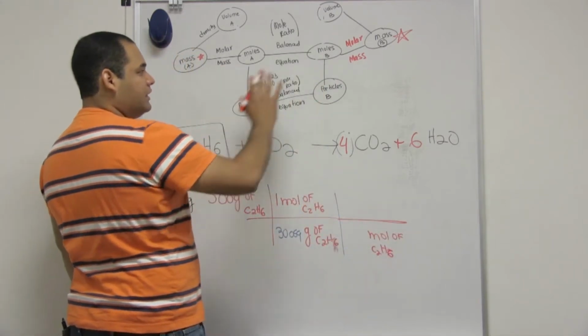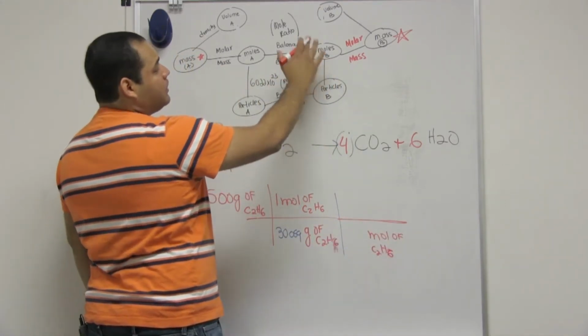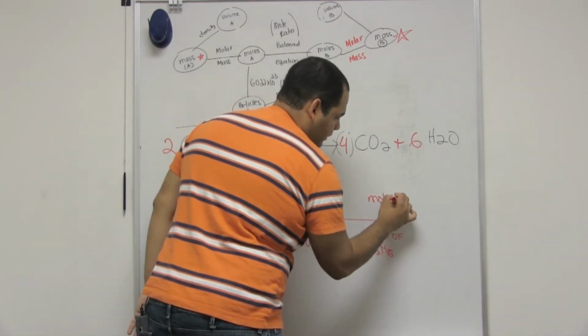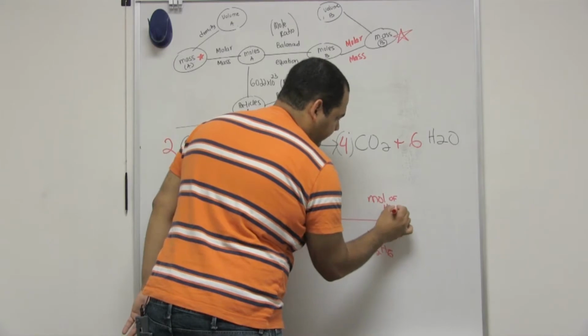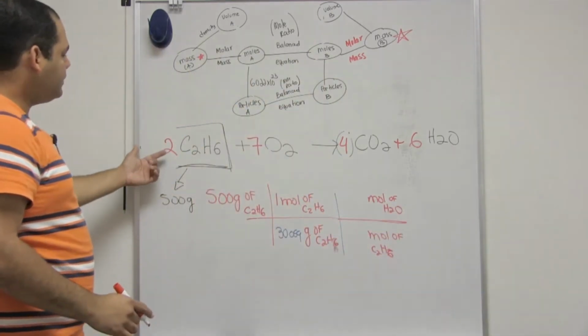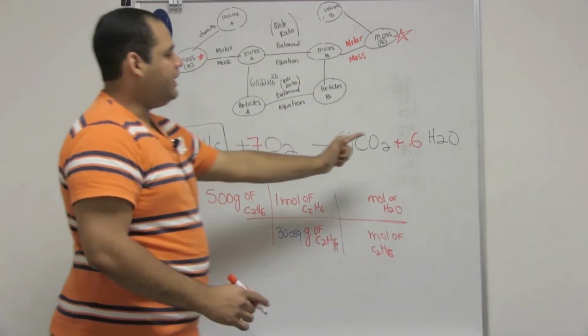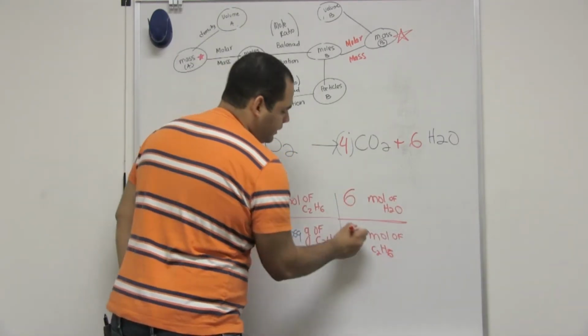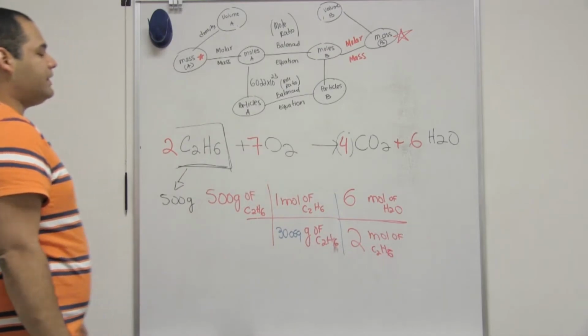And I want to find the moles of B, which is water. So moles of water. And I just look at my equation, 2 and 6. So 6 moles of water, 2 moles of ethane.